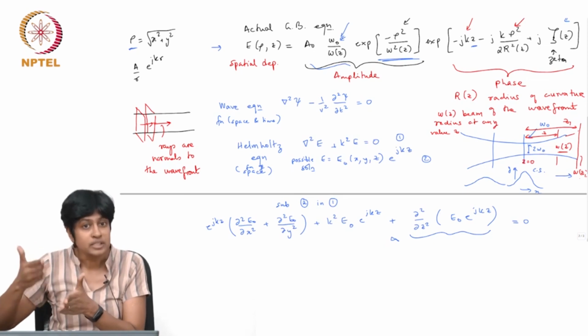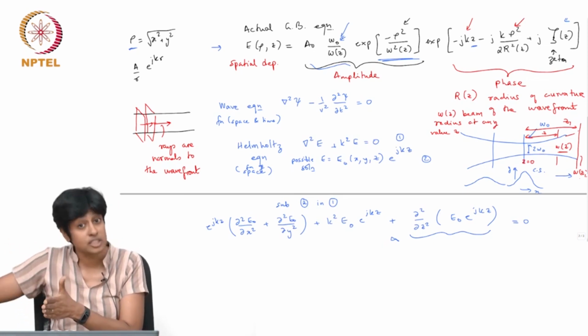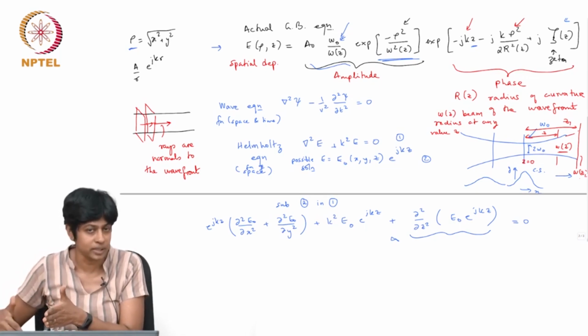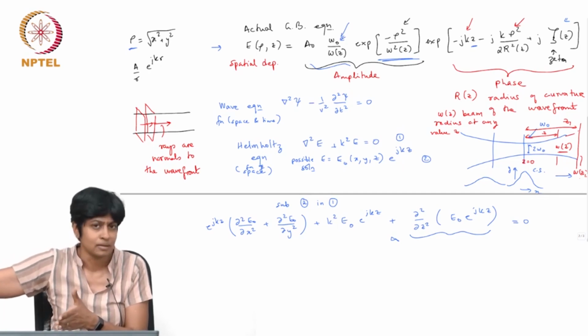I can always repeat the derivation, taking the next term into account as well. And that's how you arrive at your third order, fifth order, seventh order.